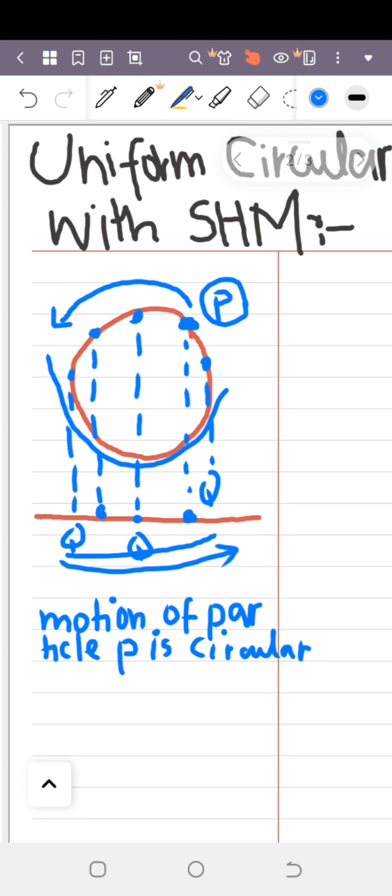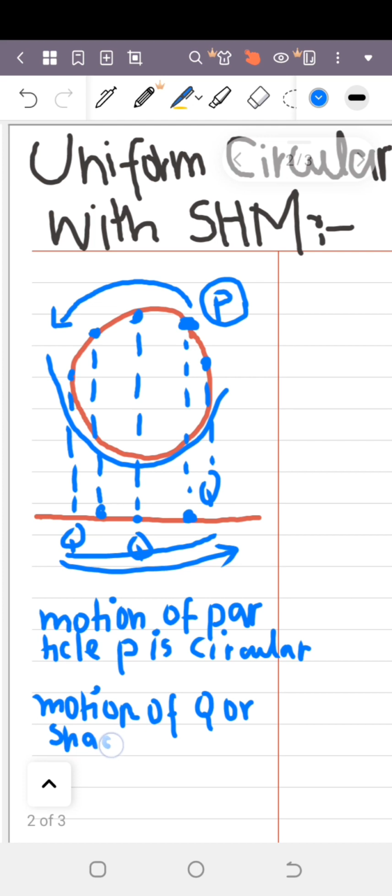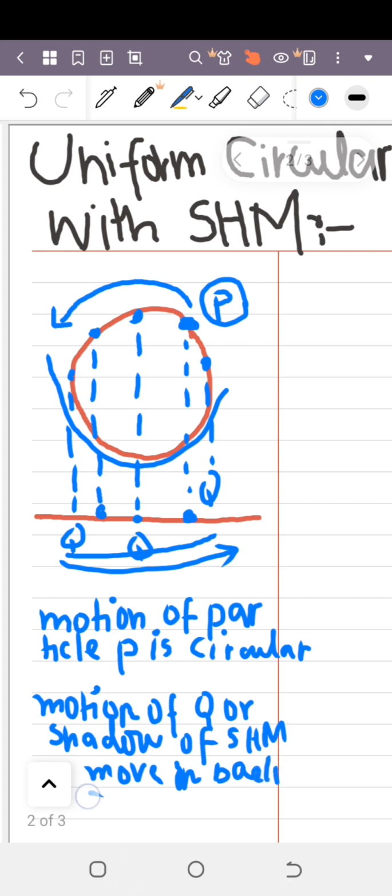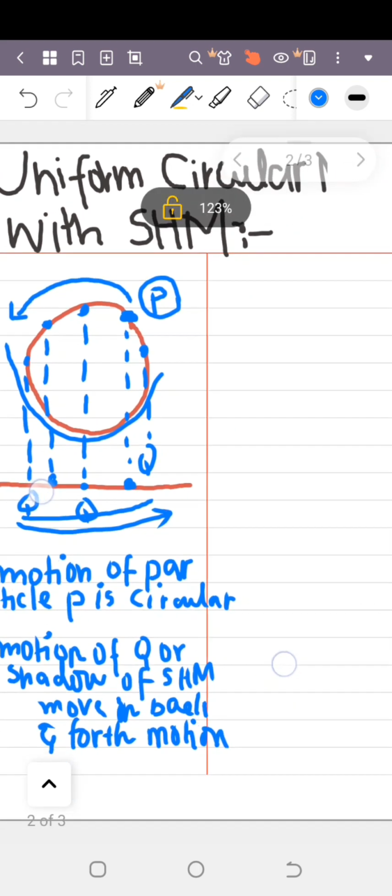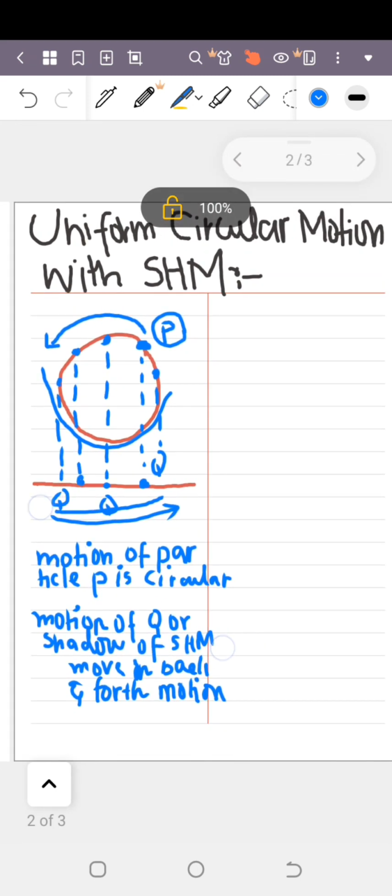And the motion of the shadow Q, the shadow of SHM, will be back and forth, or vibratory motion. How will it move? Back and forth, or vibratory motion.